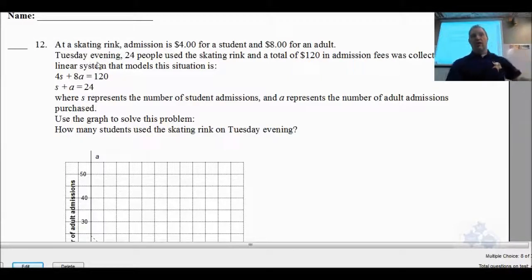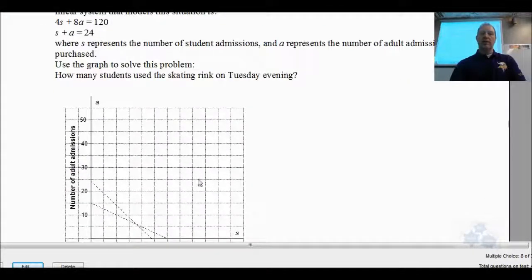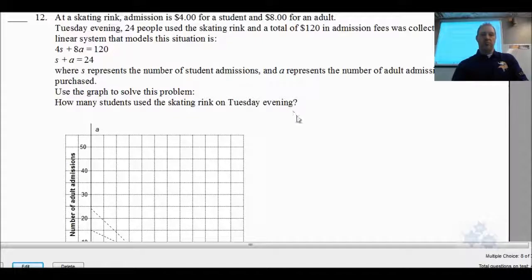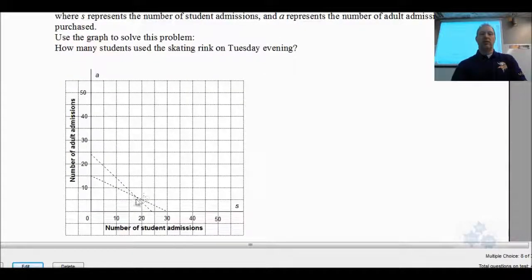So we have to read a little bit more because it's not strikingly obvious, perhaps. But it says Tuesday, 24 people used the rink, 120 fees were collected. Here's the situation. S is the number of student admissions. A is the number of adult admissions. Use the graph to solve. How many students? Okay, so this is all about Tuesday right here. And the solution to this whole thing is still going to be the intersection point, right?